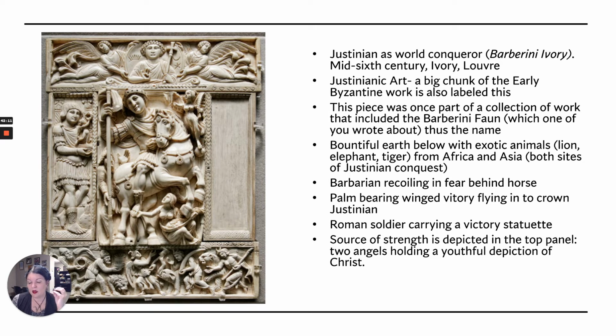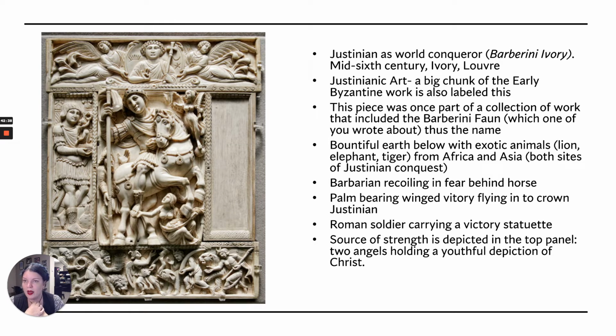And this has a lot of important iconography and symbolism for us. First of all, he's a leader on a horse. Equestrian portraits and statuary were really important during the Roman period, remember? Then we have this figure up in the corner flying down to him holding a palm. That's the winged Victory. That's Nike coming to bestow victory upon him.